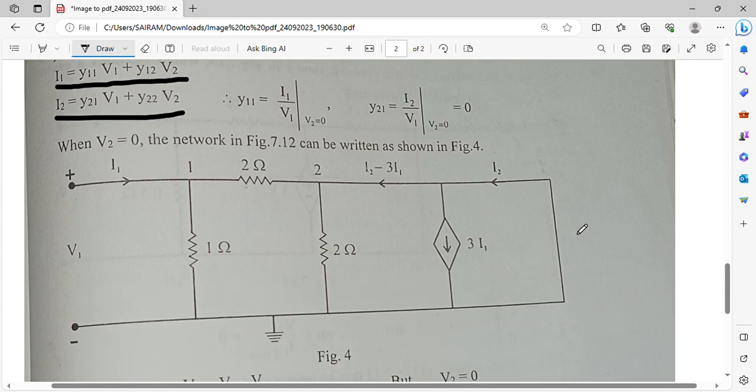So now if V2 is equal to 0, that means if the voltage is 0, it becomes short circuited. If your current is 0, it is open circuit, and if your voltage is 0, it is short circuited. So you need to know this, right? I have already told you.